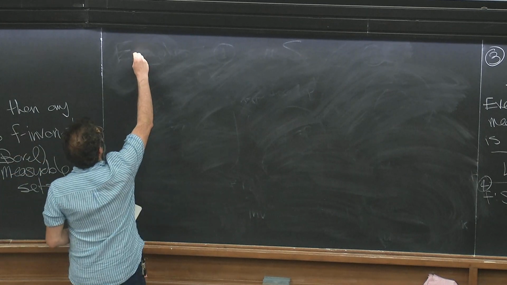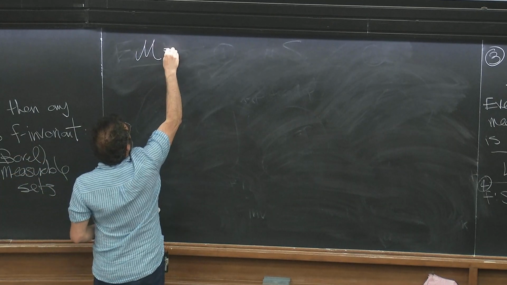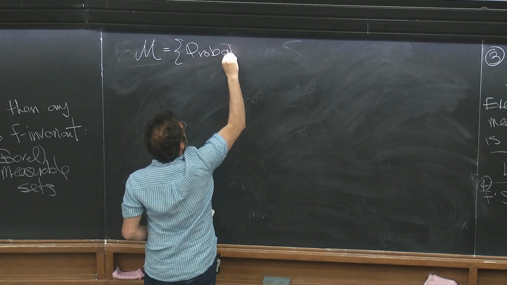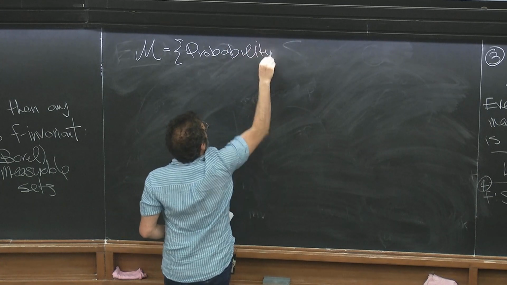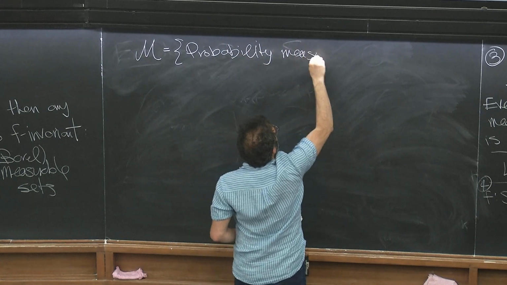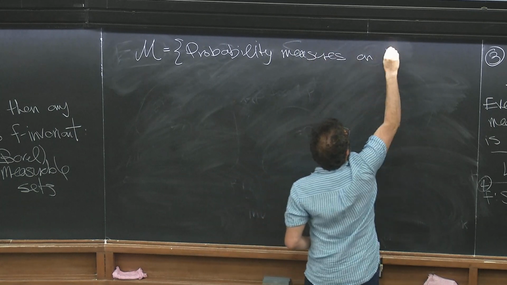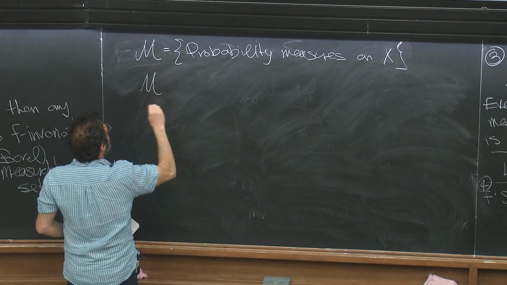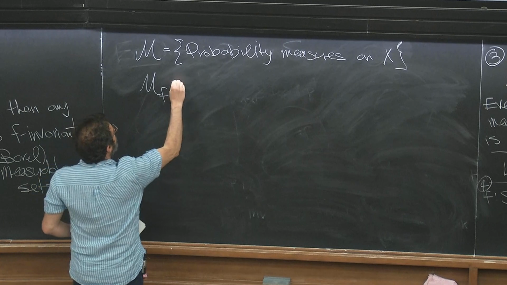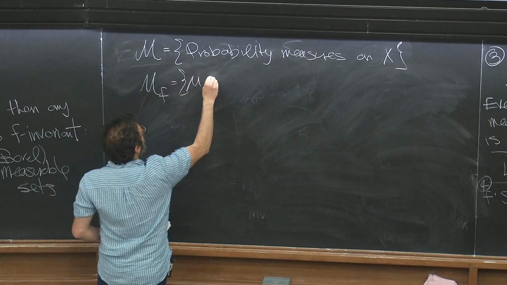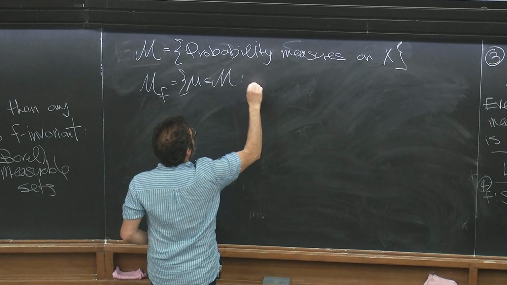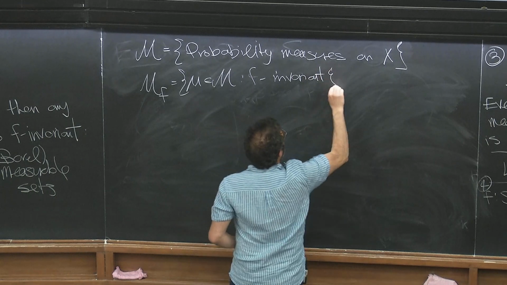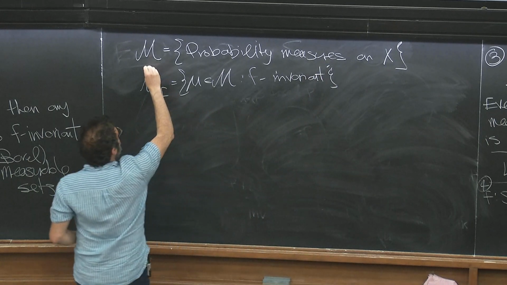I'm going to use the notation M for the space of all probability measures on X. Then I'm going to use the notation MF for the space of all measures in M which are F invariant. So this is clearly a subset of M.